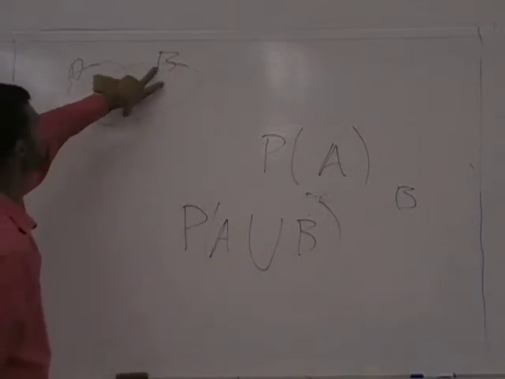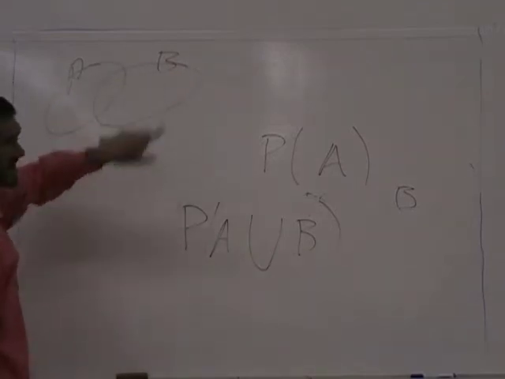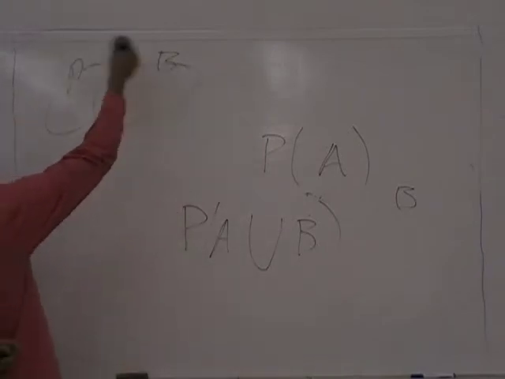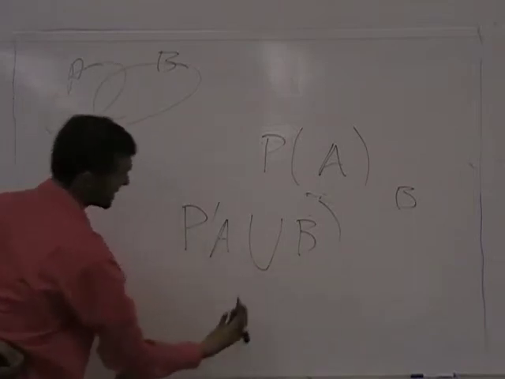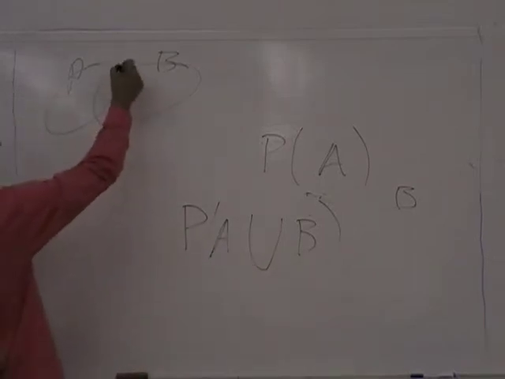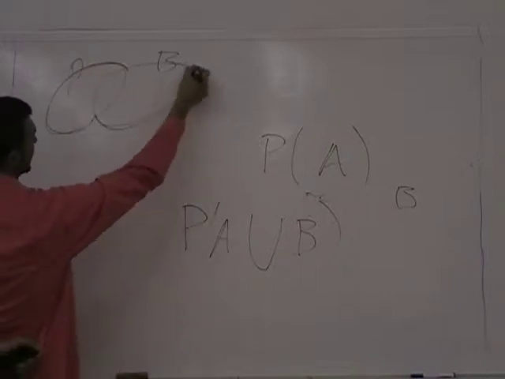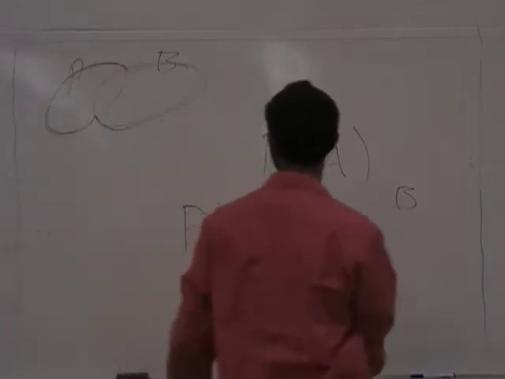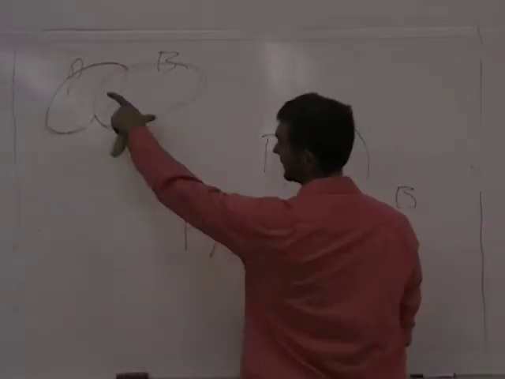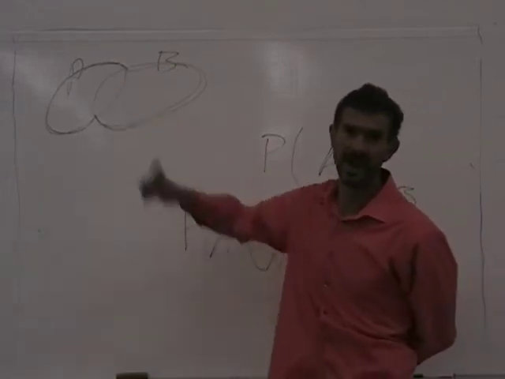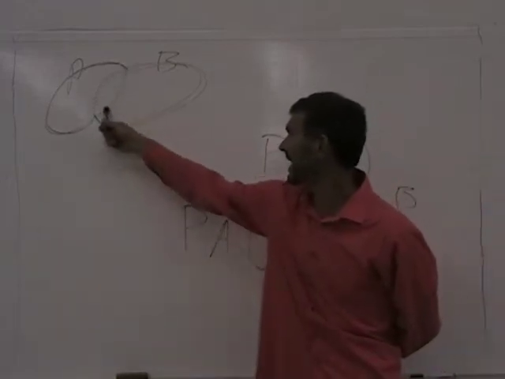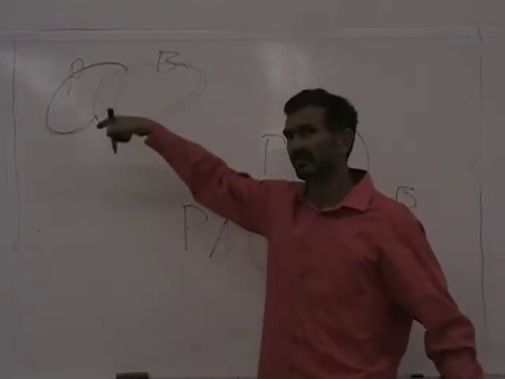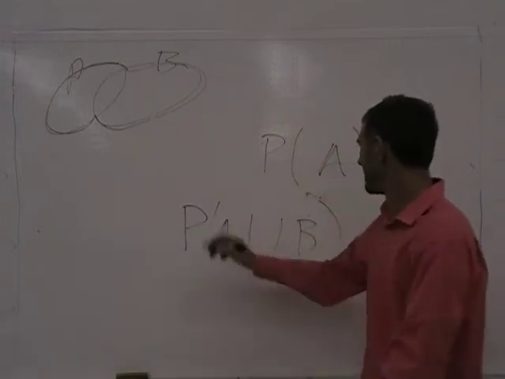And this is the universe for event B. And the combination, the union of the two events is that. And if you add this and you add this, you double count, you count this twice. Well, that's all you have to remember, is to think about that intersection.